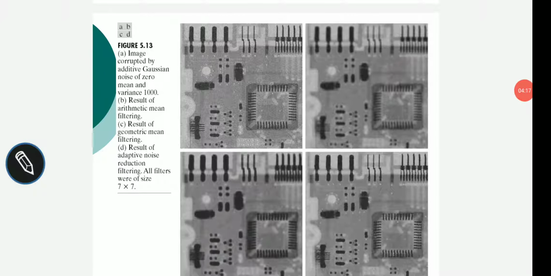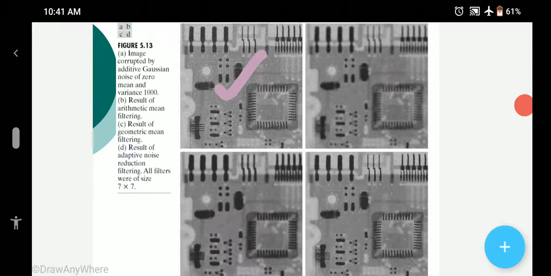If we take an example of an image, the first image is the image corrupted by additive noise of 0 mean and variance of 1000. The second image is the result of applying the arithmetic mean filter. The third one is using the geometric mean filter, whereas the last image is using adaptive noise reduction filtering.